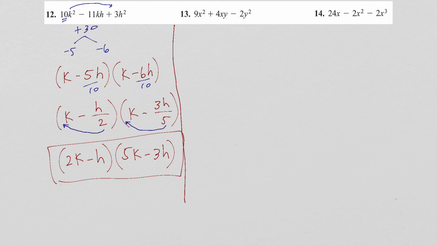Okay, there's no LCD. I'll deal with that variable later. So the first thing I'm going to do is slide that over, and we get negative 18, which tells us that one factor is positive and one is negative. This positive in the middle tells me that the bigger one has to be positive. So this has to be bigger than 4. So how about, well, let's see, 6 and 3 bring me to 3.